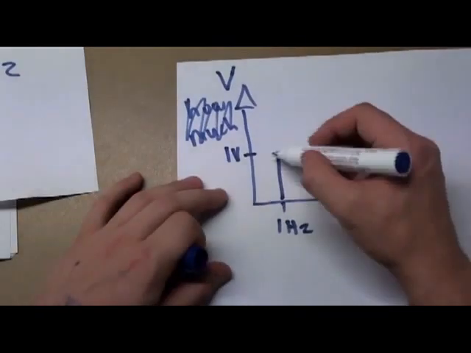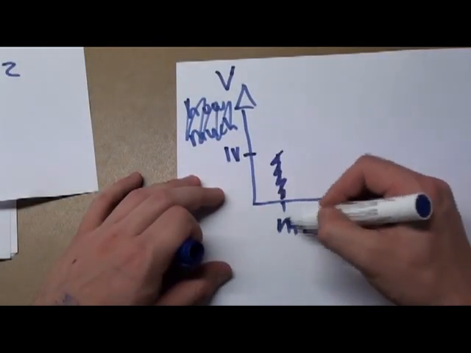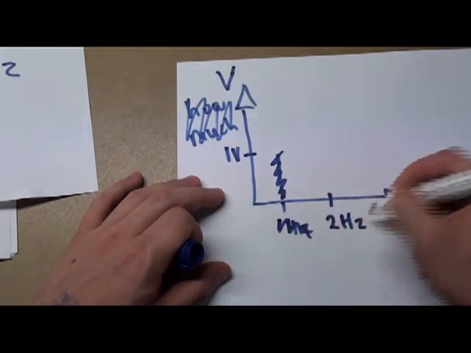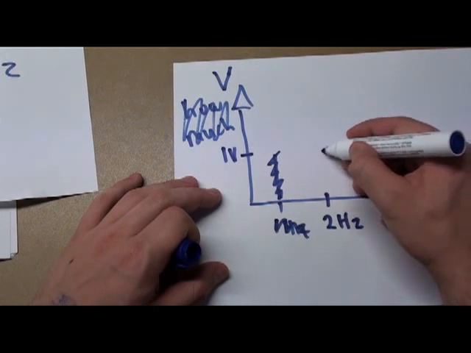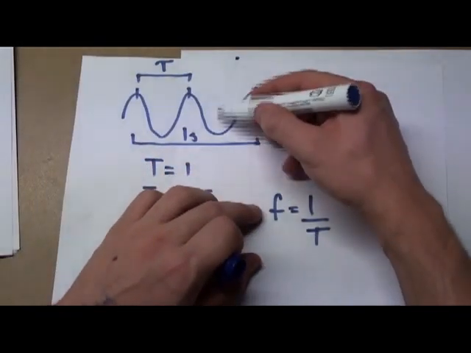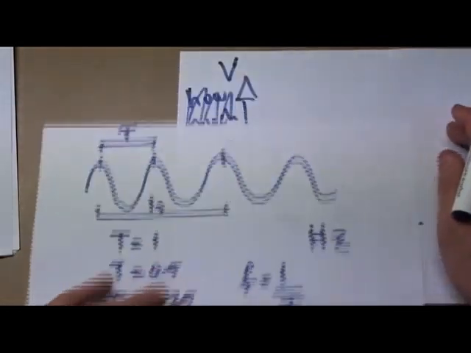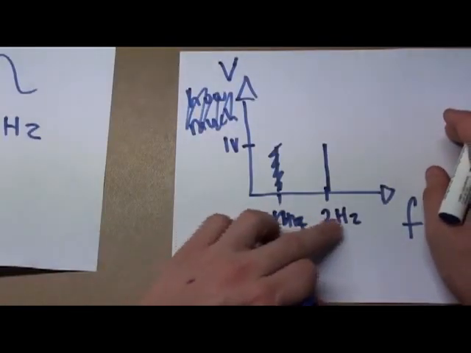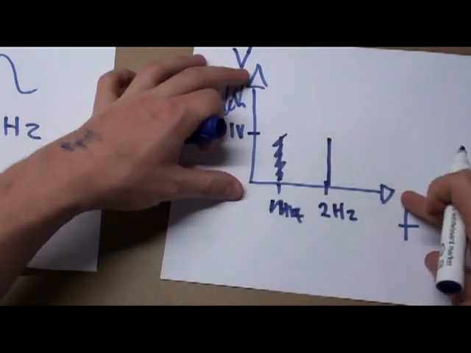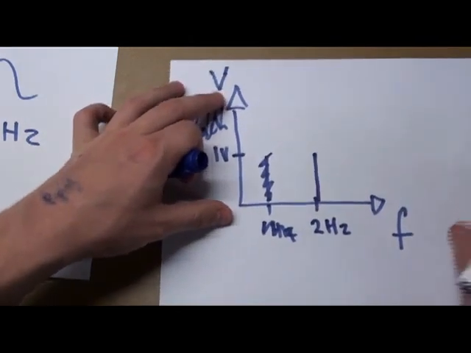So now this would go away, but maybe we have one here at 2 Hertz, and it would go up to 1 volt because we're pretending that it's 1 volt peak to peak. So you can do this for any sine wave, and you can plot its frequency against its volts.